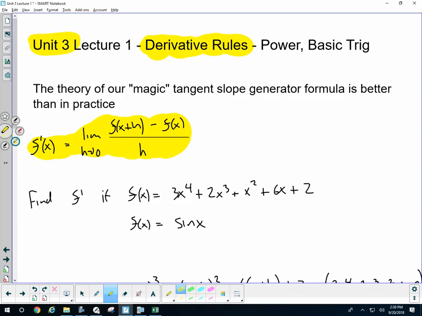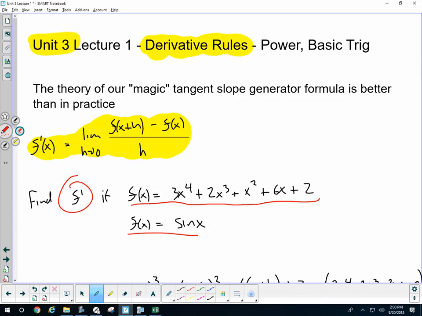And we first discovered that these tangent slope graphs exist. Okay, and then we said, oh, we could find the equations of those graphs using this magic formula. Okay, cool.